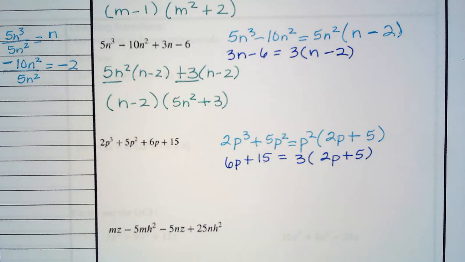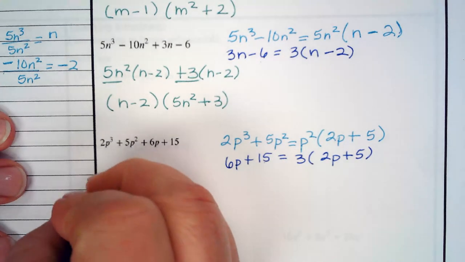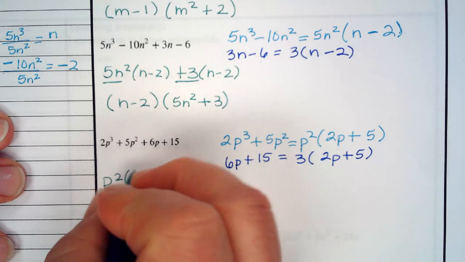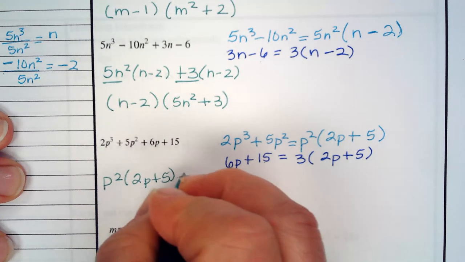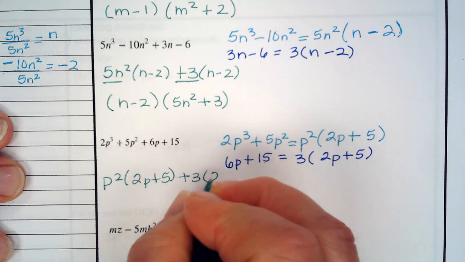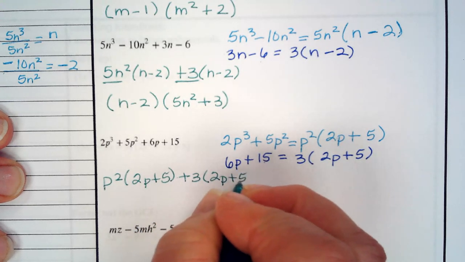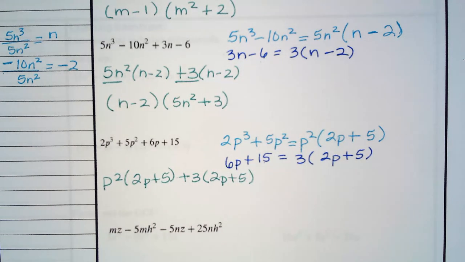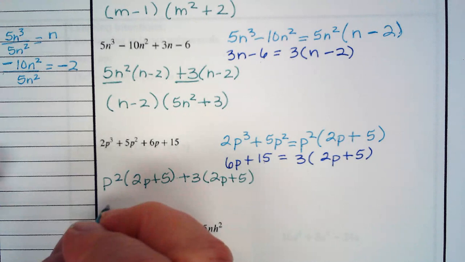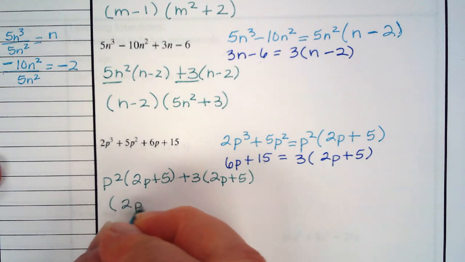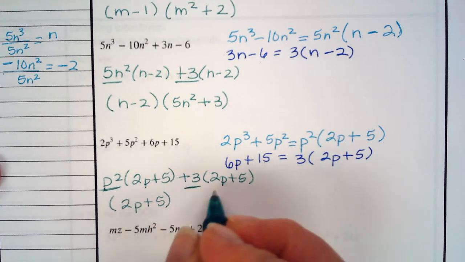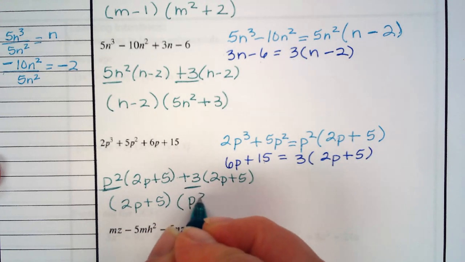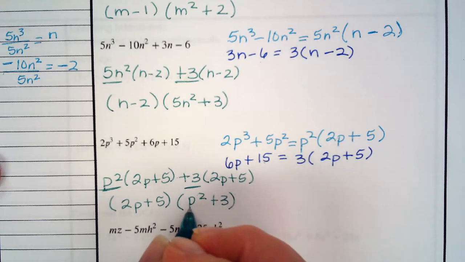Rewriting it all together: p squared times the quantity of 2p plus 5 plus 3 times the quantity of 2p plus 5. Are my parentheses the same? Yes, there's my first factor, 2p plus 5. What's left over? p squared plus 3. And we're done.